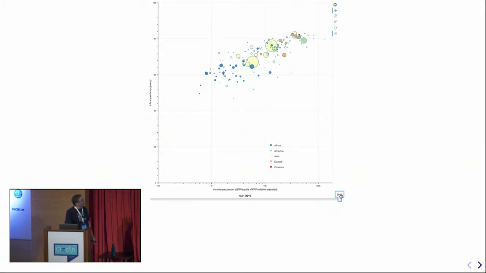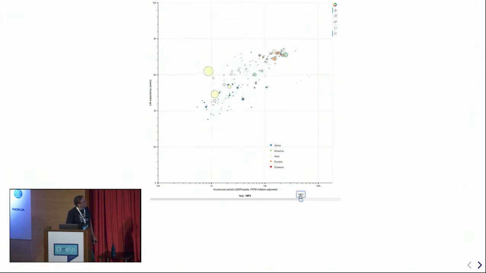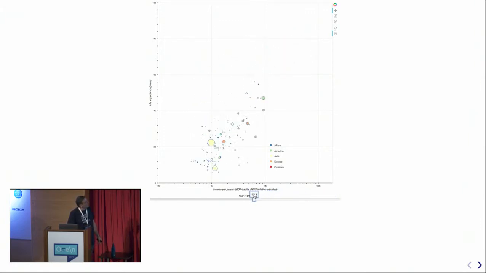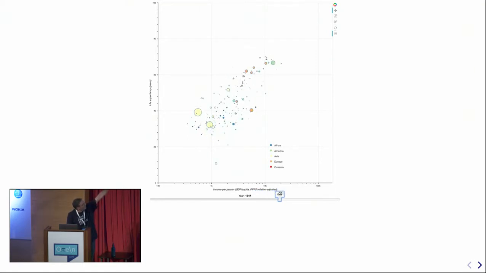And the interesting thing is that as I was playing with this back and forth when I first created the plot, if you notice the two blobs, the green ones, this is China and India. So you see China is above India, and then somehow it dives.